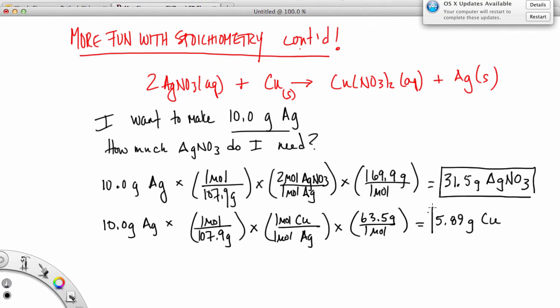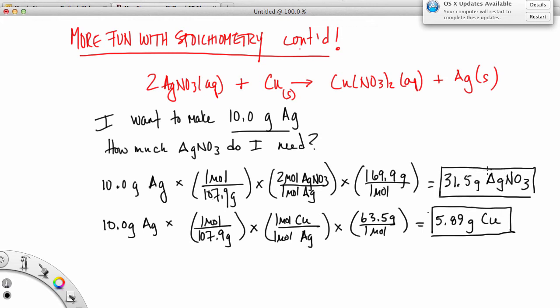So these would be the quantities of both reactants needed in perfect proportion to each other. Okay? If I change these proportions, so if I increase the amount of copper here, copper then would become my excess reagent, and silver would be my limiting reagent. Okay? If I increase my amount of silver, silver would be my excess reagent, and copper would be my limiting reagent.